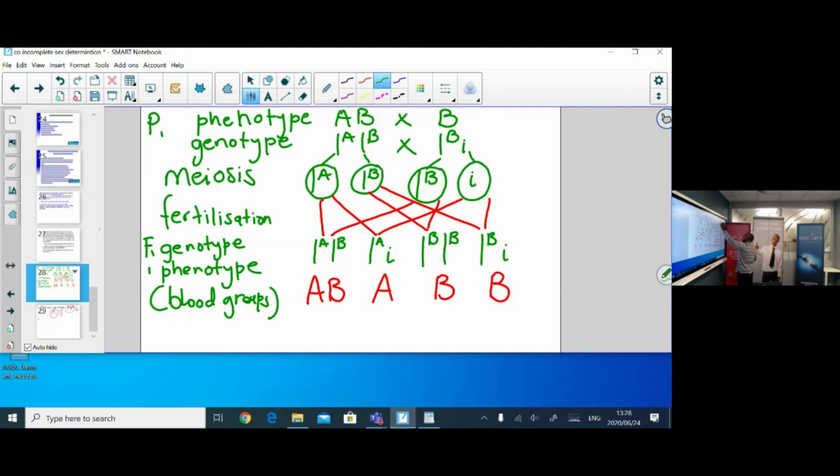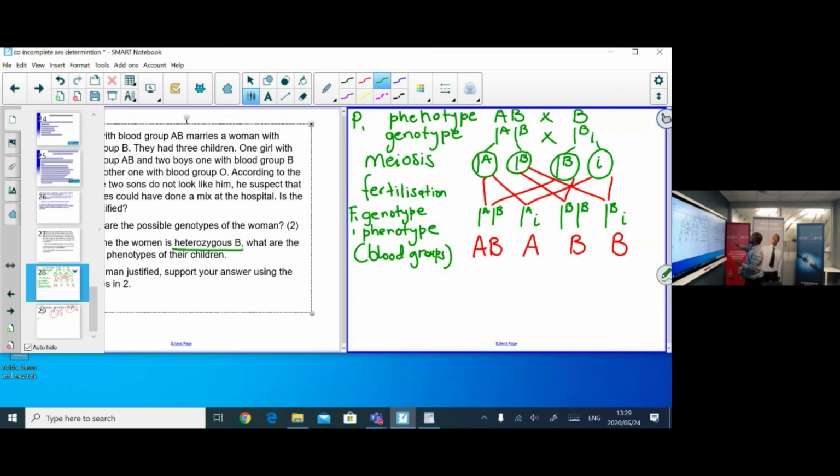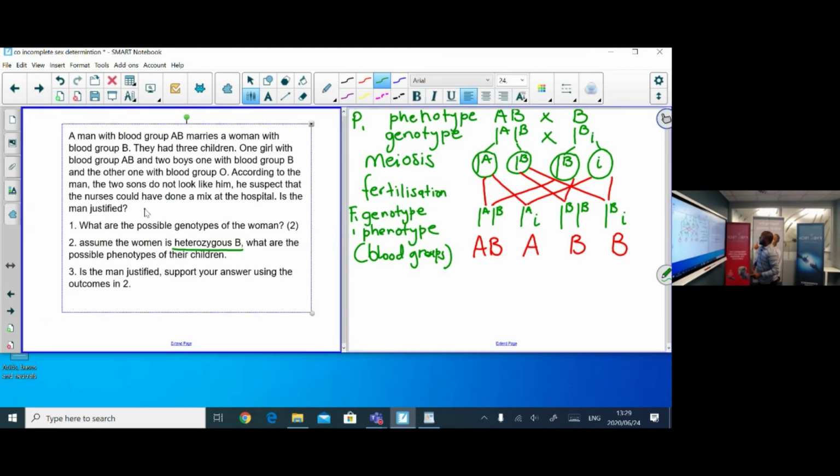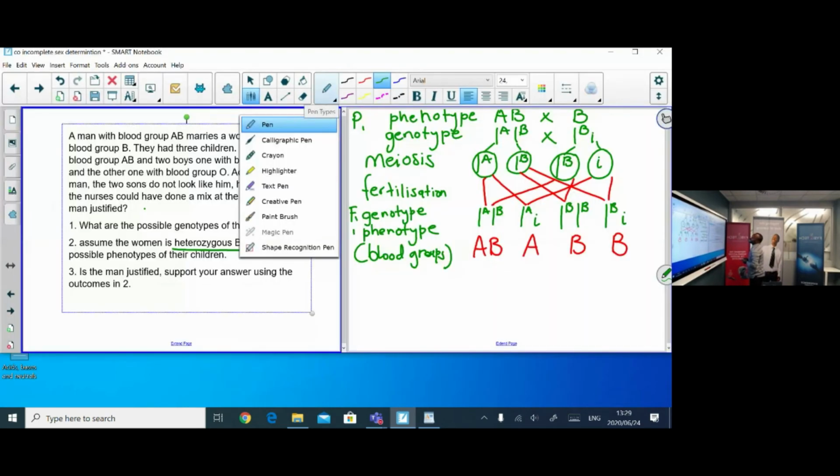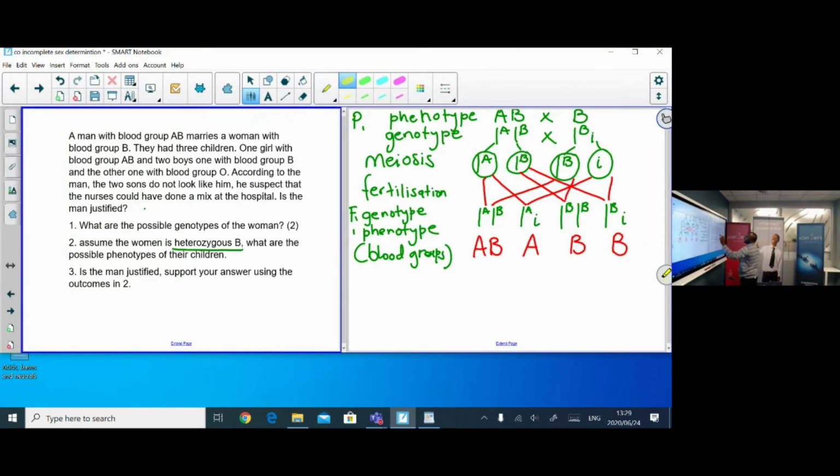So they had blood groups: for the girl, AB; and 2 boys, 1 with B, 1 with O.